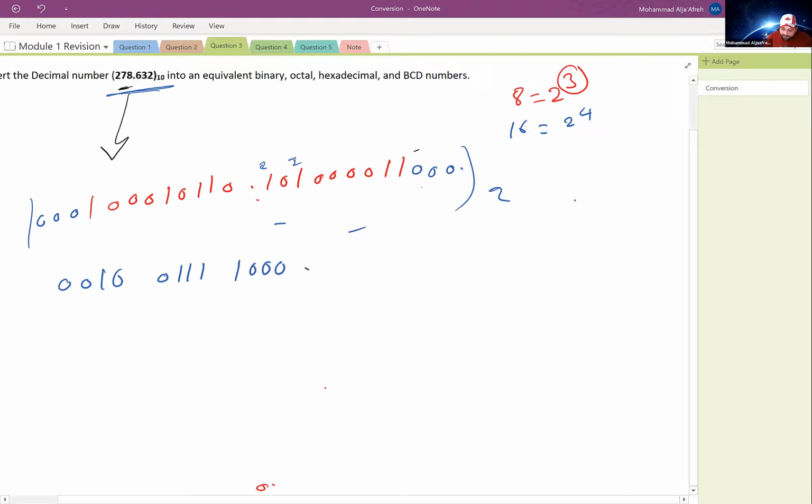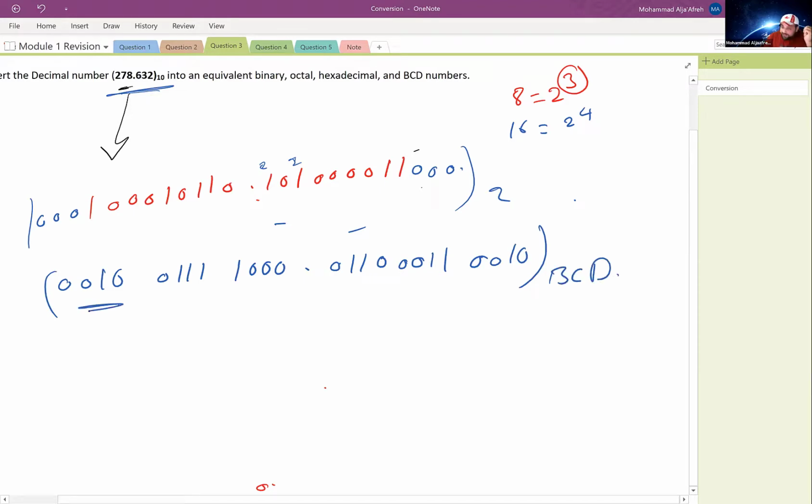Okay, point. How the 6 can be represented using 4 bits, 0, 1, 1, 0. How the 3 can be represented, 0, 0, 1, 1. And how the 2 can be represented again, 0, 0, 1, 0. This is the equivalent BCD.